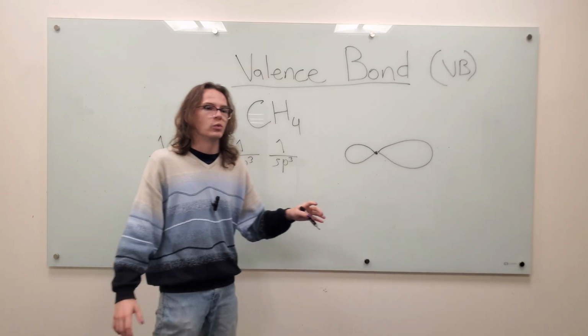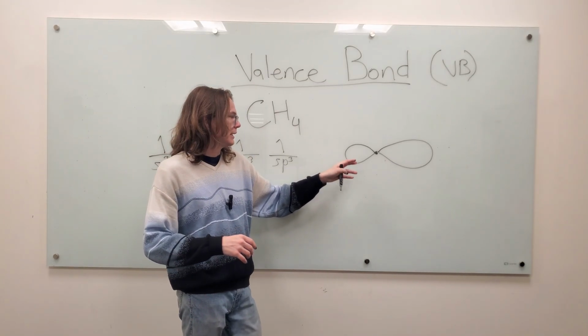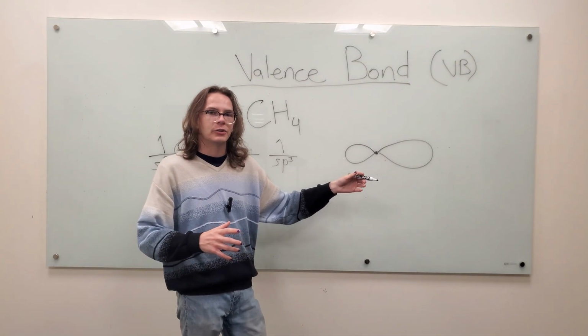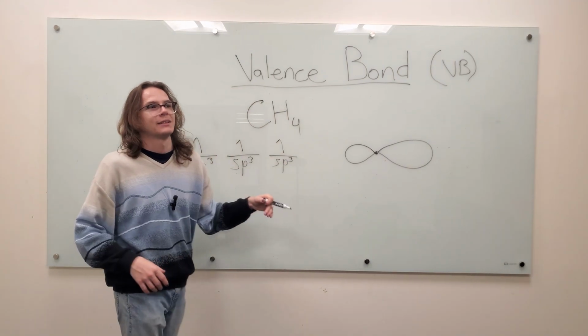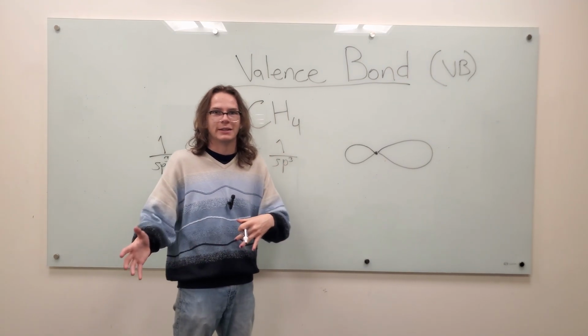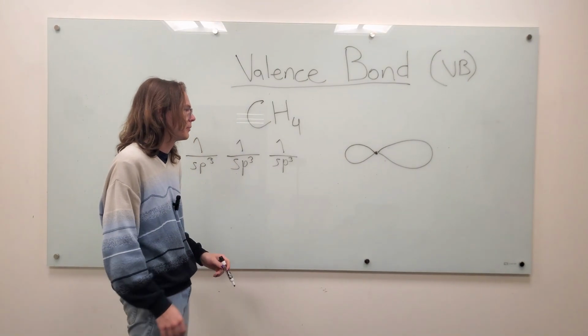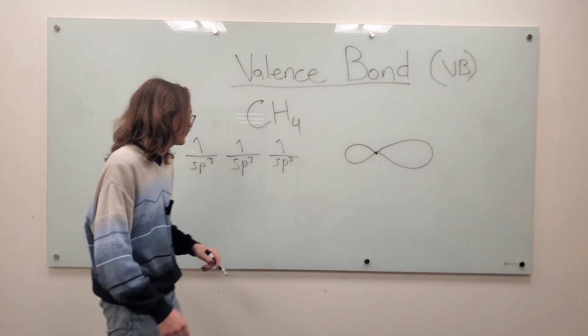And so when we add the negative sign of one of our orbitals, we get a smaller lobe, and when we add two positive signs together, we get that bigger lobe. Sort of think of it as constructive and destructive interference. But we'll talk a bit more about that later. So this is what an sp3 orbital would look like.